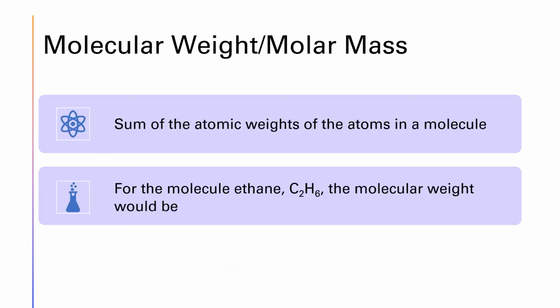And then we will continue to molecular weight, or molar mass. It is the sum of the atomic weights of the atoms in a molecule.